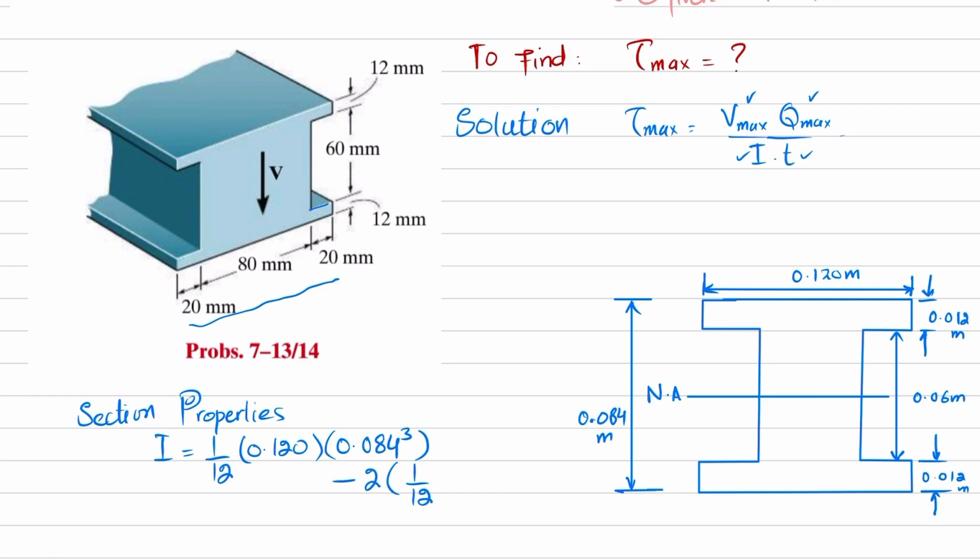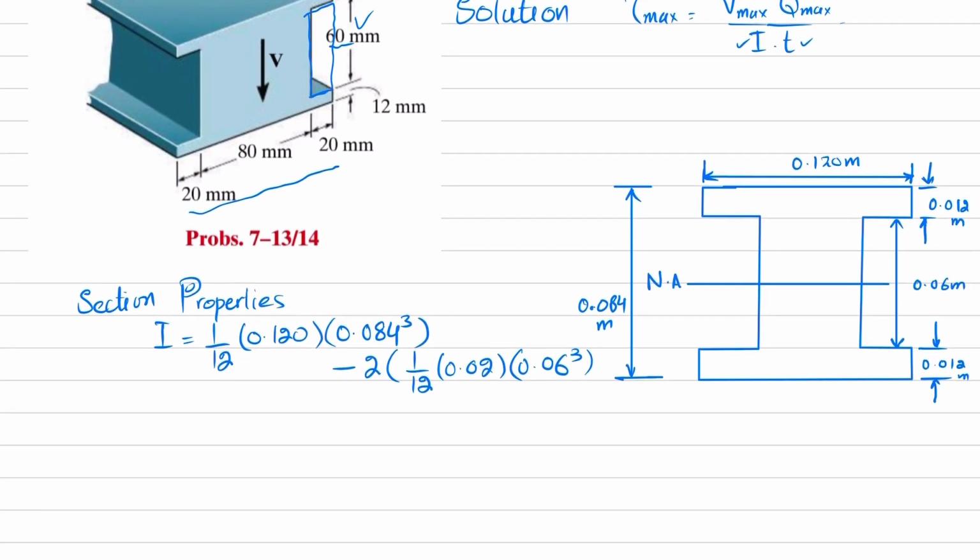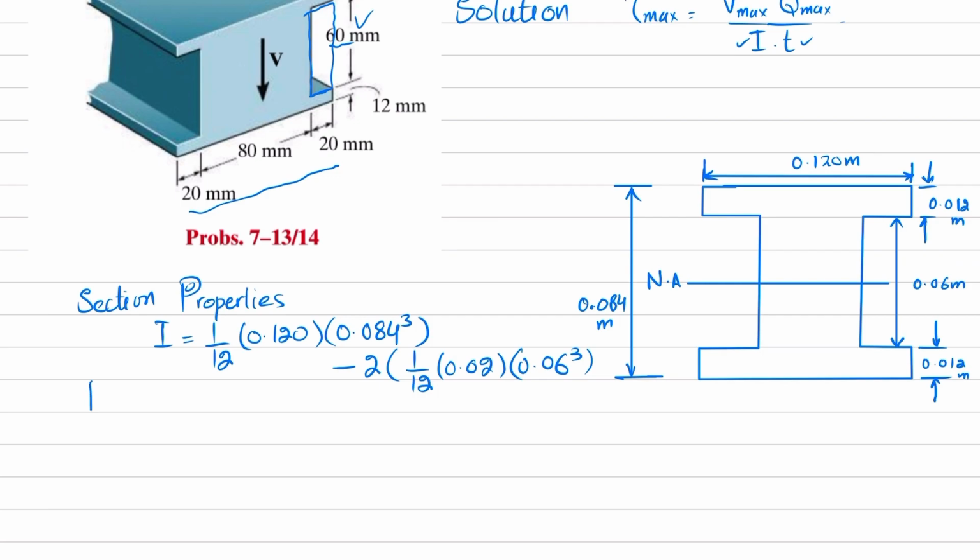Its breadth is 20 millimeter, which is 0.02, and its height is 60 millimeter, so 0.06 meter cube. When you solve this, I comes out to be 5.207 into 10 raised to power minus 6 meter power 4. So this is the value of I.